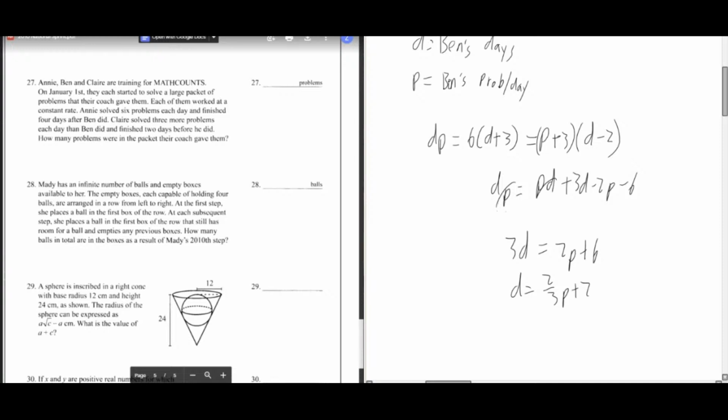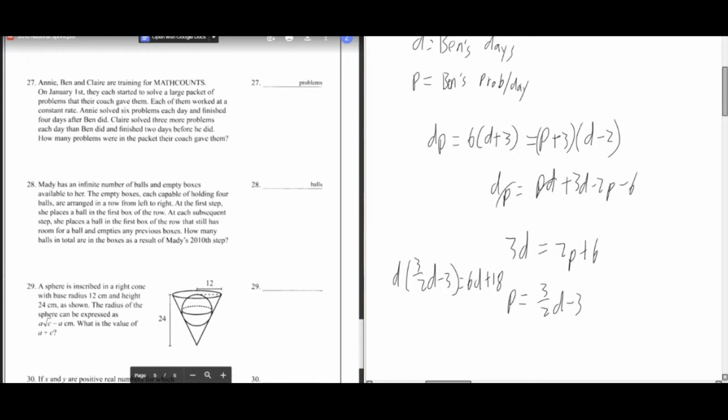We can put this anywhere. Actually, it might be better if we express p in terms of d, because we have a d here. So p equals 3 over 2 d minus 3. We plug that in and get d times 3 over 2 d minus 3 equals 6d plus 18.